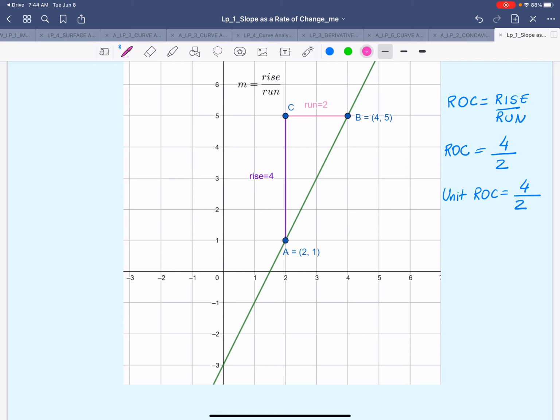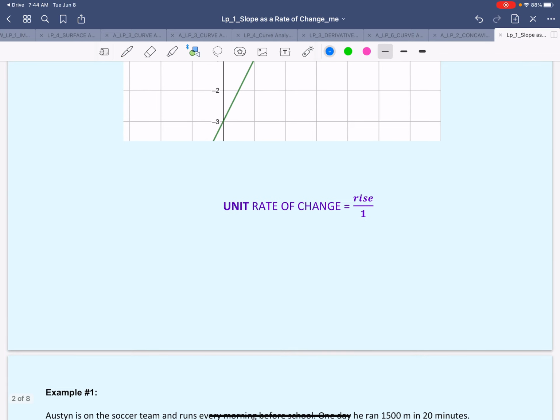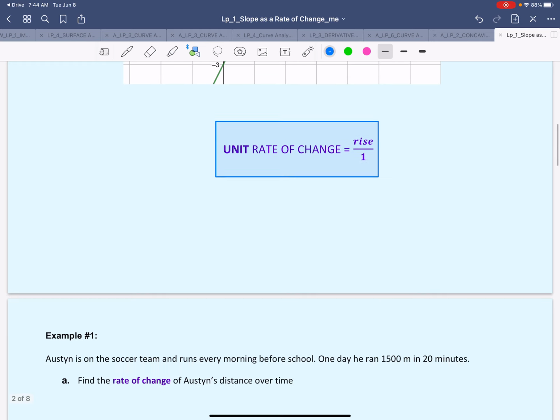So for this, I divide by the exact number I see in the denominator. And that will give me the unit rate of change equal to 4 divided by 2, 2, and 2 divided by 2, 1. So 2 over 1 will be the unit rate of change. This is the formula one more time: the unit rate of change is the rise divided by 1.